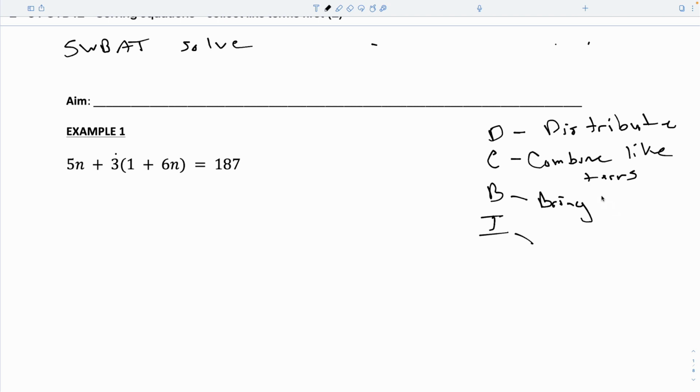Thanks for using that vocab word. It's all the numbers without a variable. So bring the constant to one side. Constants are all the numbers without variables.